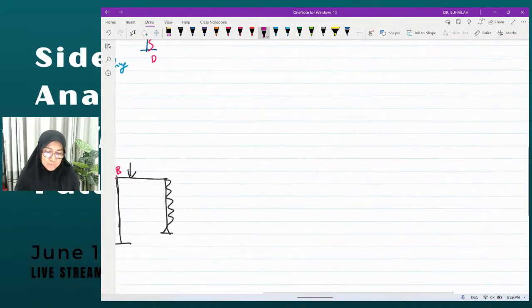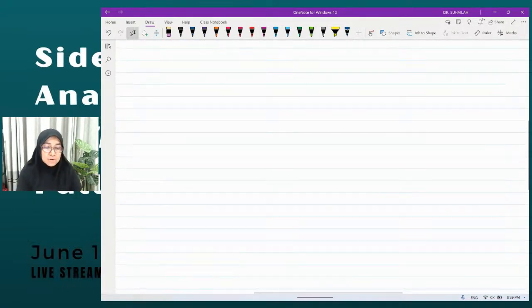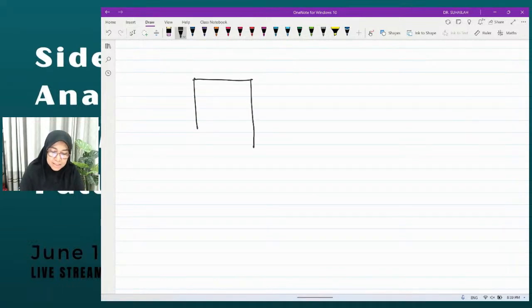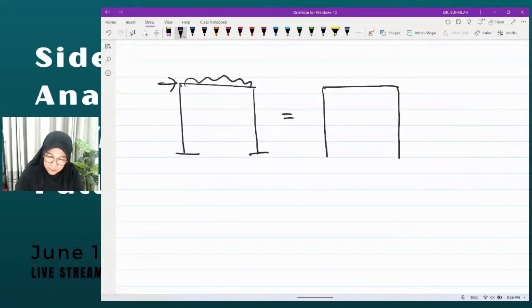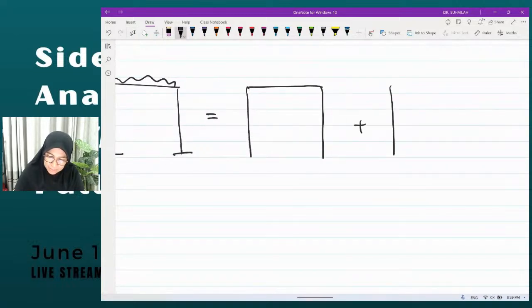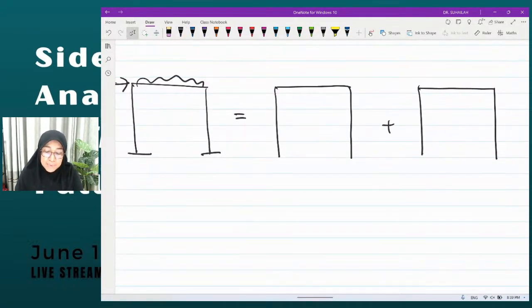Okay, it is going to be like this. So back to the concept. When we have a frame like this, this is just to represent the concept. We have a frame like this, and it is going to be two frames. By applying the principle of superposition, we divide between external loading and delta.